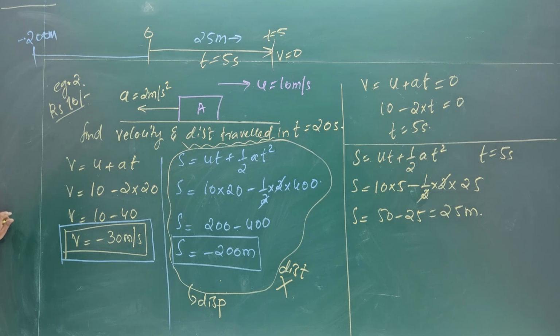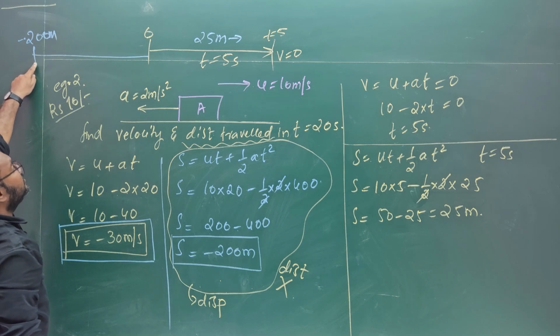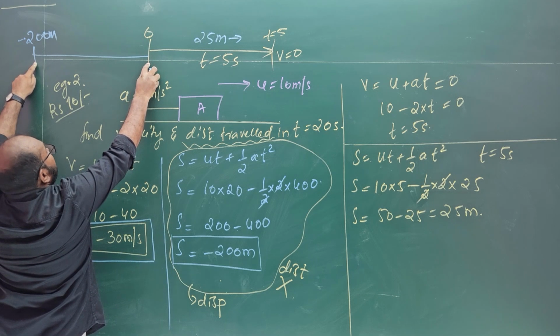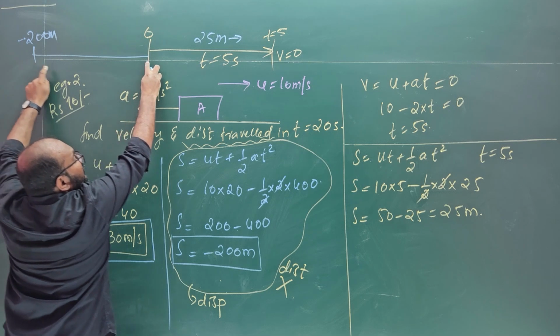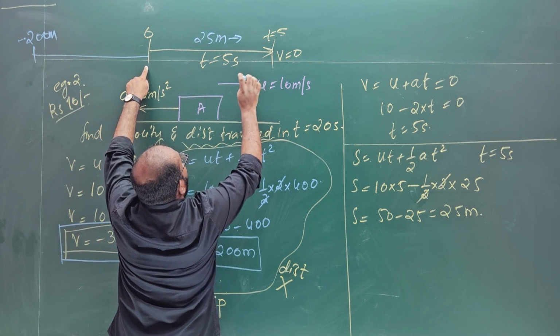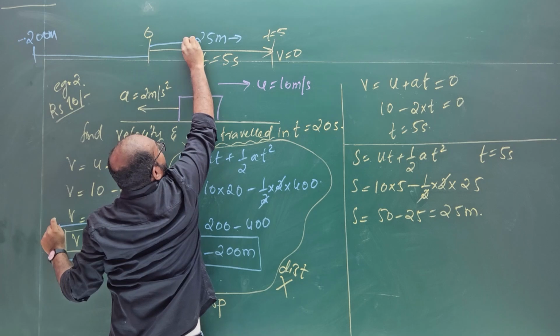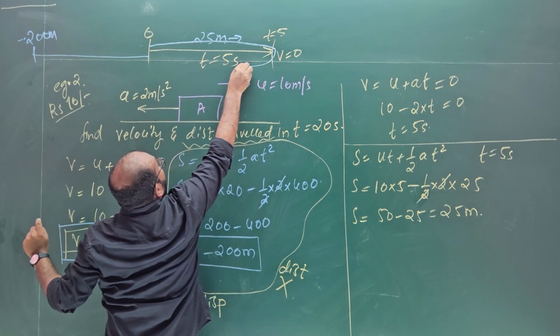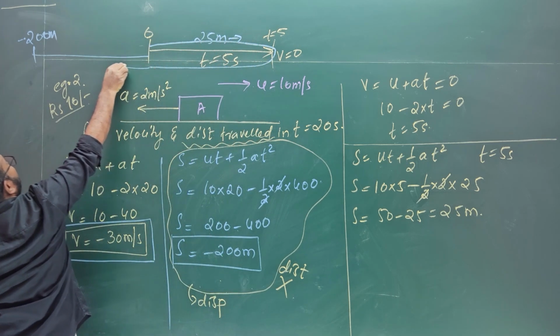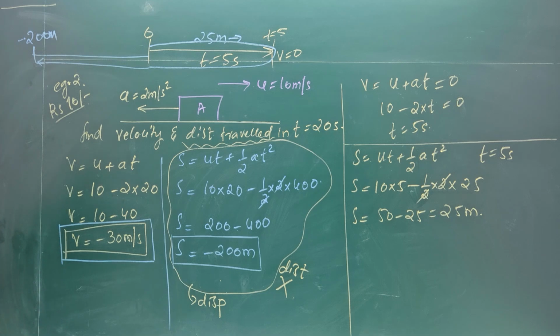Yes or no? Okay. So in this direction, this is your origin. From here to here how much? 200. From here to here how much? 25. The body started moving 25, then from here to here 25, then from here to here 200. That means the total distance traveled by the body is 250 meters.